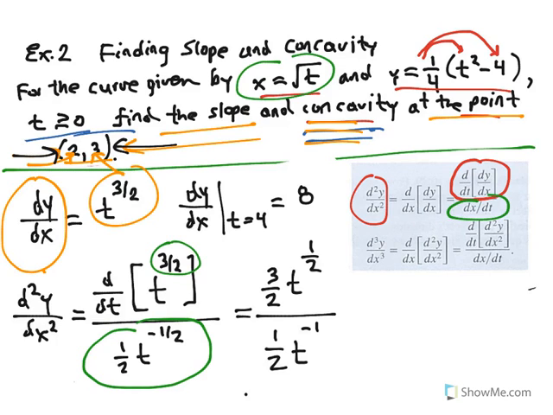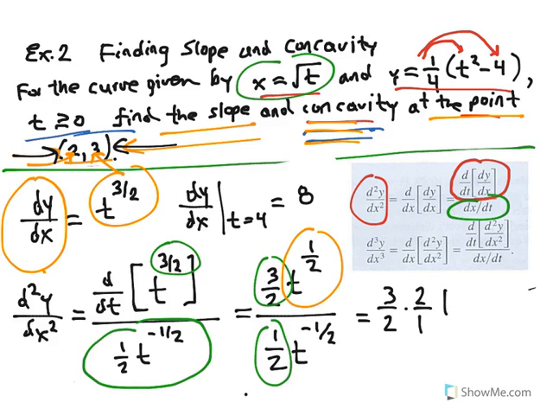And we have 1/2 times t to the negative 1/2 in the denominator. So now what do we do? Well, you have 3/2 divided by 1/2, which is the same as being multiplied by the reciprocal. And then you have t to the 1/2 in the numerator, and you have t to the negative 1/2 in the denominator, which you can take to the numerator, and the exponent will become positive 1/2.